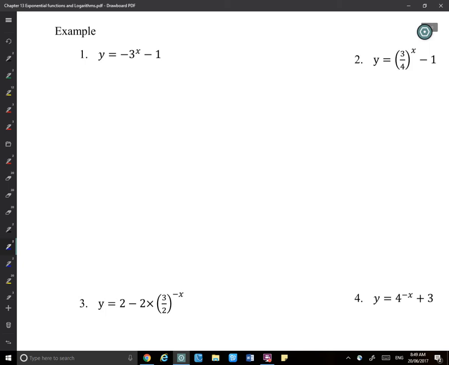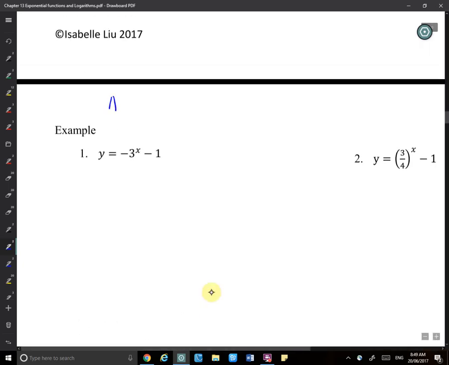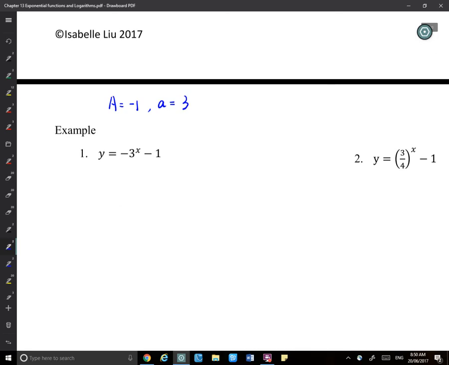Page 4. Let's have a look at this one. Y equals that. So what we can see is my capital A value will be -1. My lowercase a value will be 3. Well, lowercase a is not -3; the negative is -1 times 3.